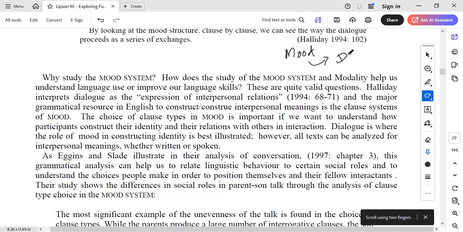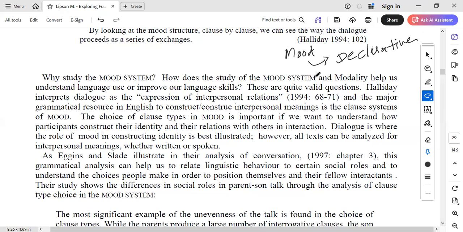The first one is declarative. What is declarative? Can anyone tell me? Sir, declarative sentences are those where we have just a statement, affirmations or maybe negation. Very good. So that is called declarative. Declarative means that you give a statement, right?